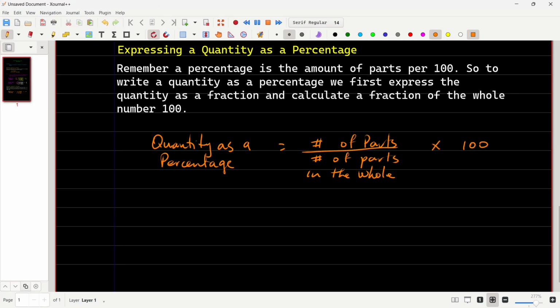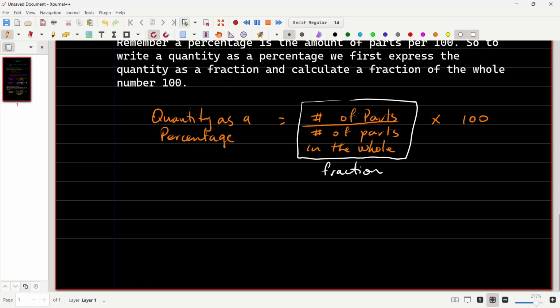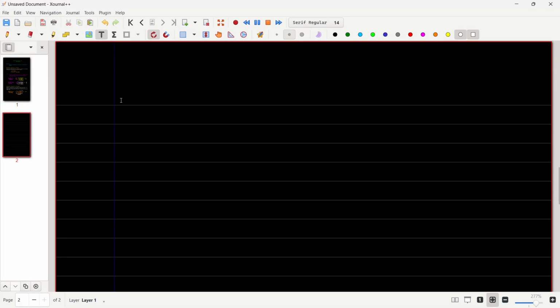All right, and then from the earlier example, we already know how to determine a fraction, which is this right here. So this is a fraction. And all we're doing is we're finding the fraction of 100 that represents, and that will give us the percentage.